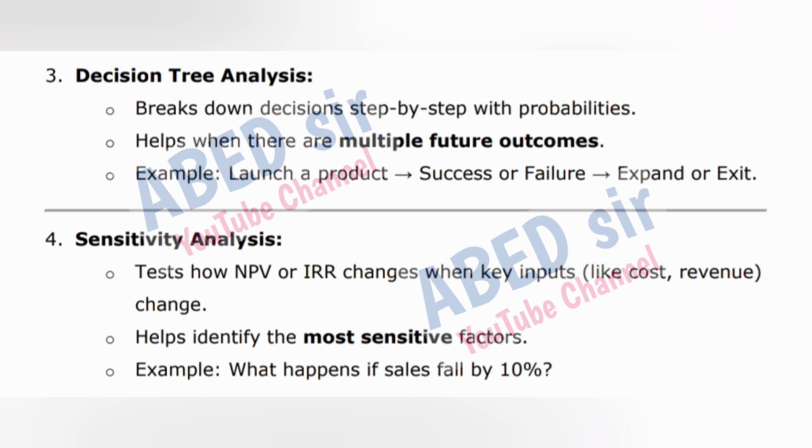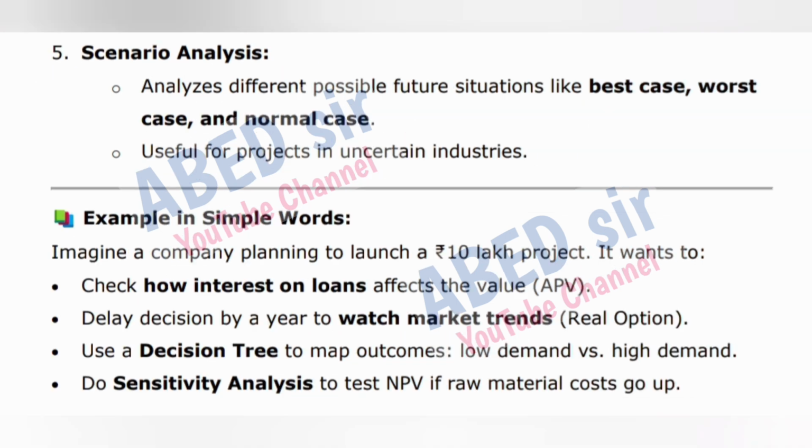Helps identify the most sensitive factors. Example, what happens if sales fall by 10%? 5. Scenario analysis. Analyzes different possible future situations like best case, worst case, and normal case. Useful for projects in uncertain industries. Example in simple words.